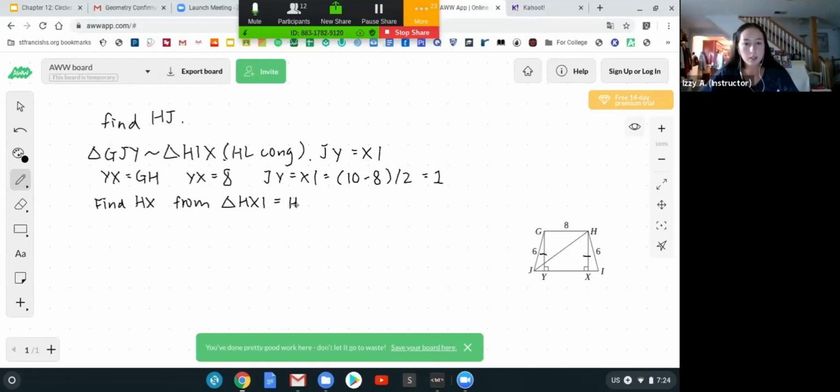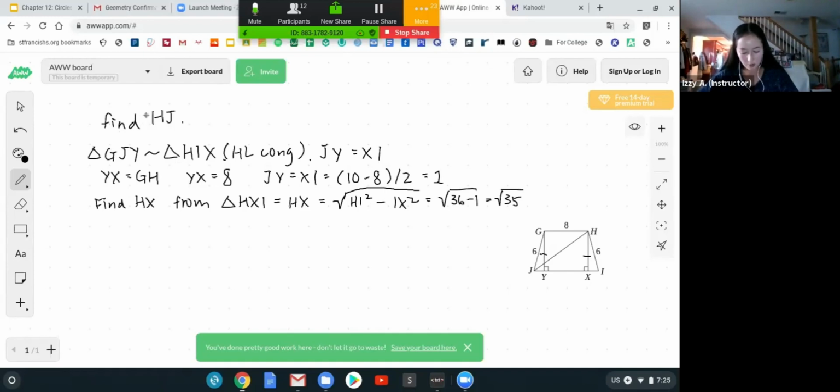So we'll know that HX is going to be equal to the square root of HI squared minus IX squared. I just skipped over the steps of isolating HX. And then if we plug in numbers, we're going to get the square root of 36 minus 1, which is going to equal the square root of 35.